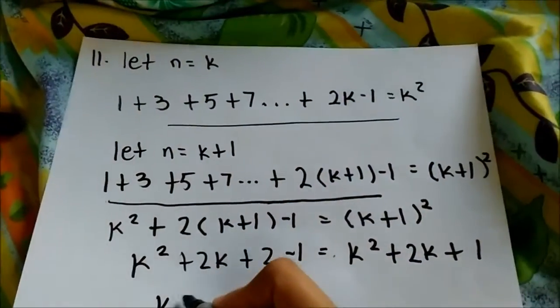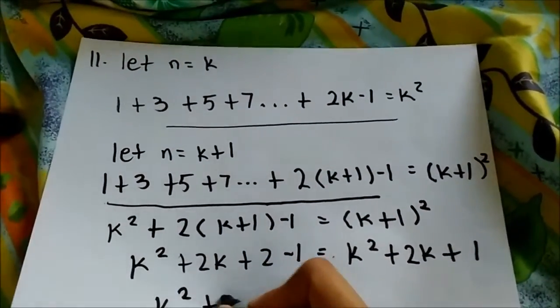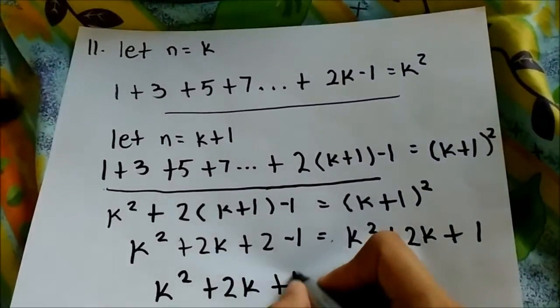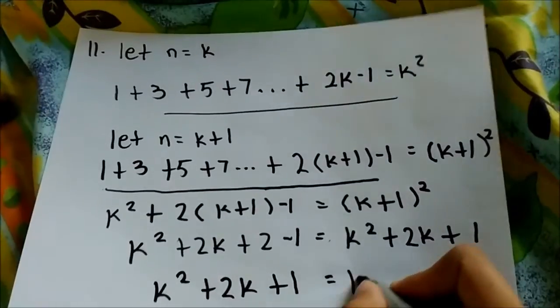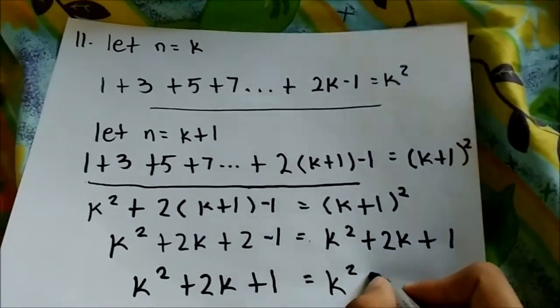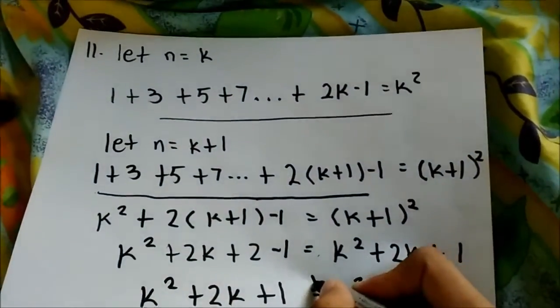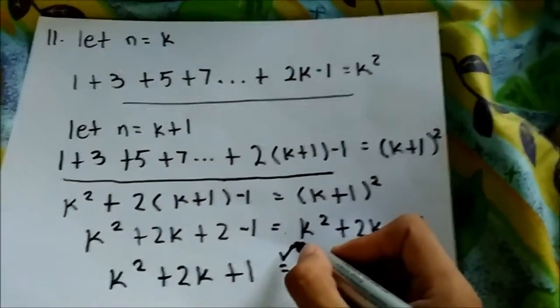It will be k squared plus 2k plus 1 is equal to k squared plus 2k plus 1. So you prove it. They're the same. So the last part, the conclusion, it's easy because you're just gonna write, therefore, P of n holds true for all positive integers.